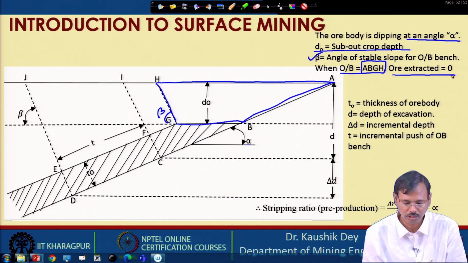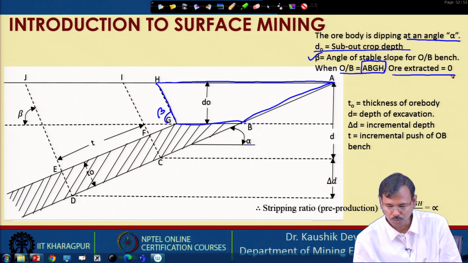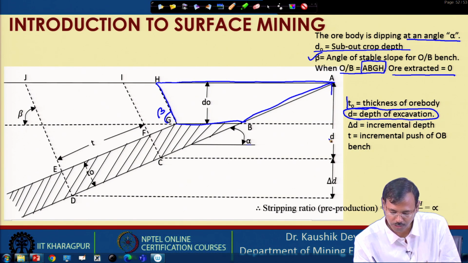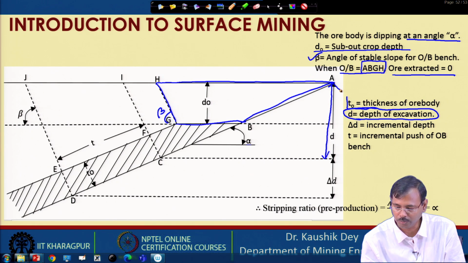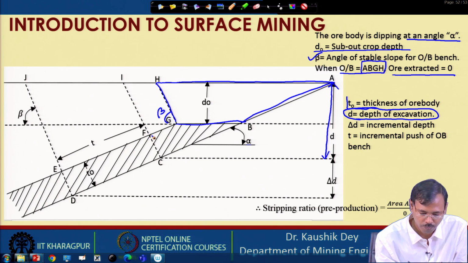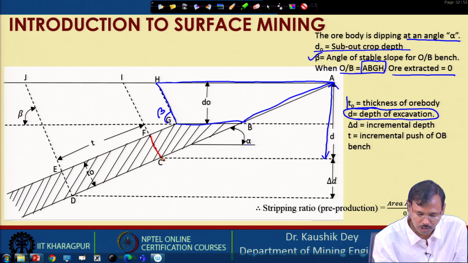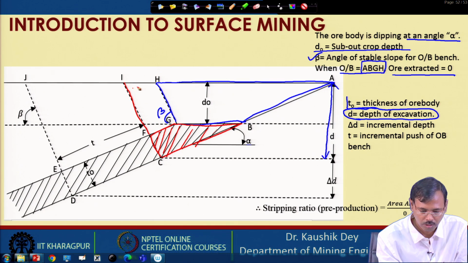You do not have any excavation, but after that if you excavate a thickness T0, where T0 is the thickness of the ore body, and you go for a depth of excavation D, then you will excavate this much of ore body, and for this you have to excavate this much of overburden.